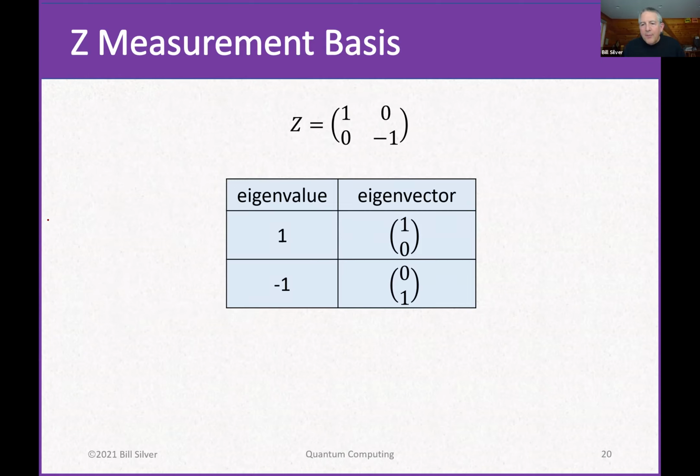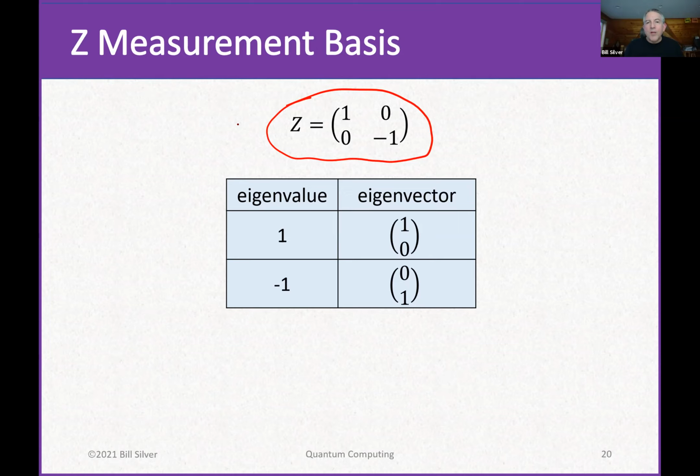We're going to pick a particular Hermitian matrix to make our measurements of a single qubit, and we're going to pick the Z matrix. This is sometimes called the Z measurement basis.